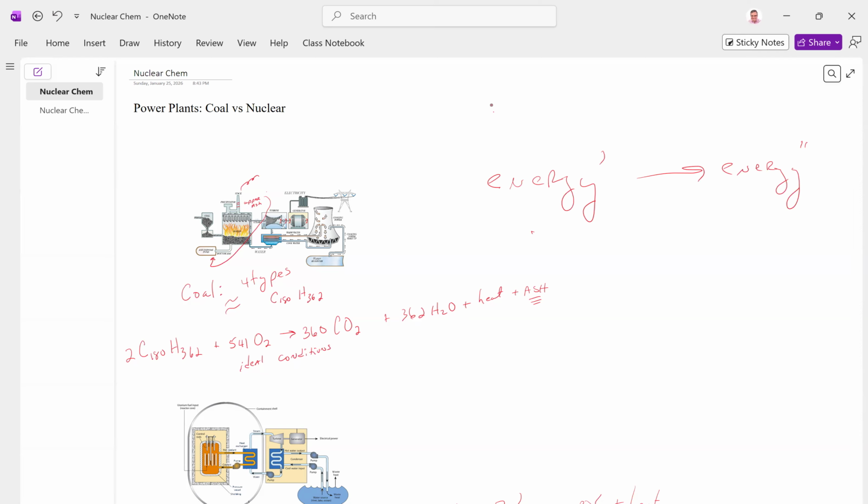And what do I mean by that? I don't mean to be real cryptic, but basically we take one type of energy, convert it to another type of more usable energy. That's the important part. More usable. That is electricity.